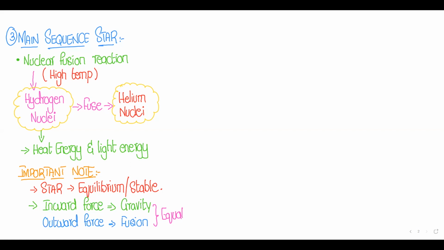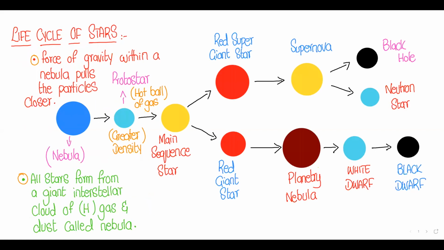Now further, if we talk about the next type, the next type is the red supergiant star and red giant star. So first we talk about the red supergiant star.